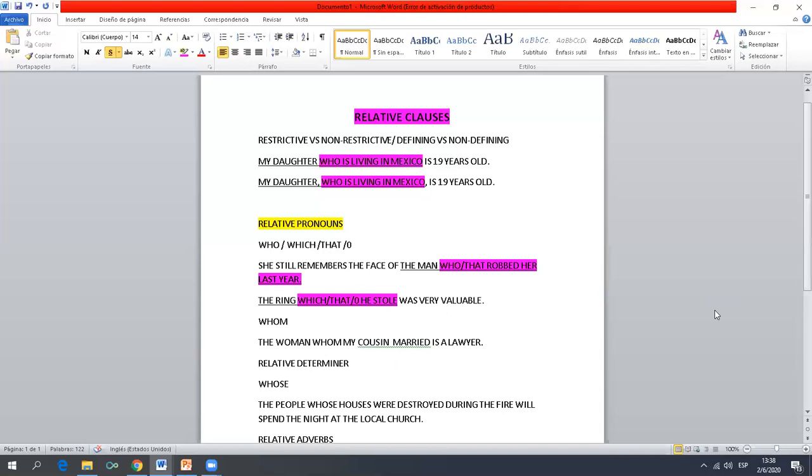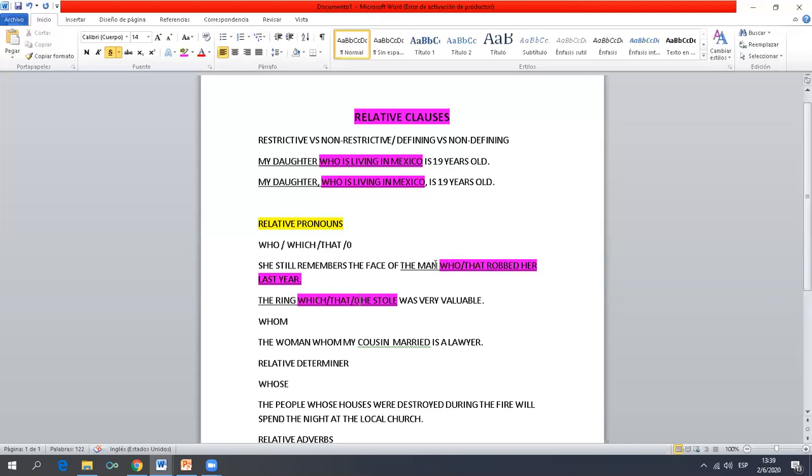Now, what about the previous example? Is it okay if we say she still remembers the face of the man robbed her last year? No, incorrect. Why? Because if you look at the relative pronoun, either who or that, the one we are using, the relative pronoun within the structure of the clause is the subject, okay?